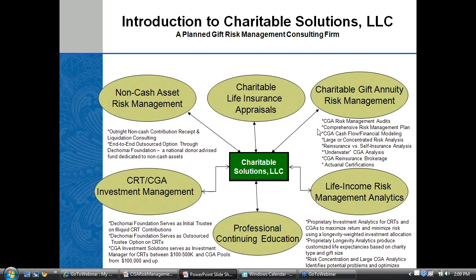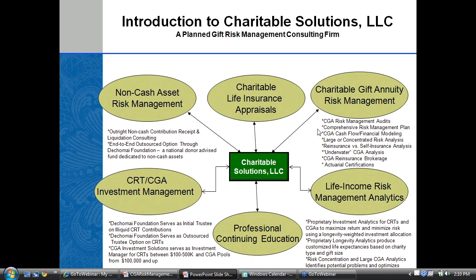So we spend a lot of our time, probably 1/3 of our time last year, at least 2/3 of our time, looking at pools, identifying where risk issues are, and interestingly, it's usually not where most charities think they are, and then some of the boogeymen they think are in there are really non-issues.